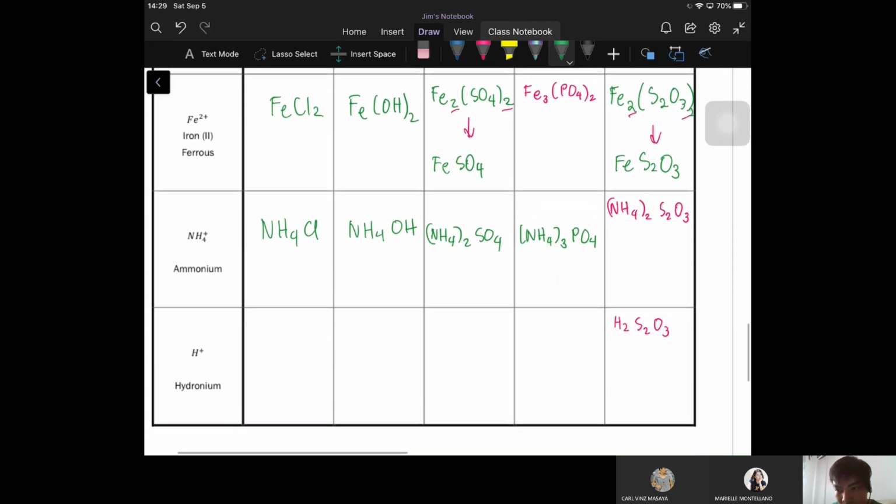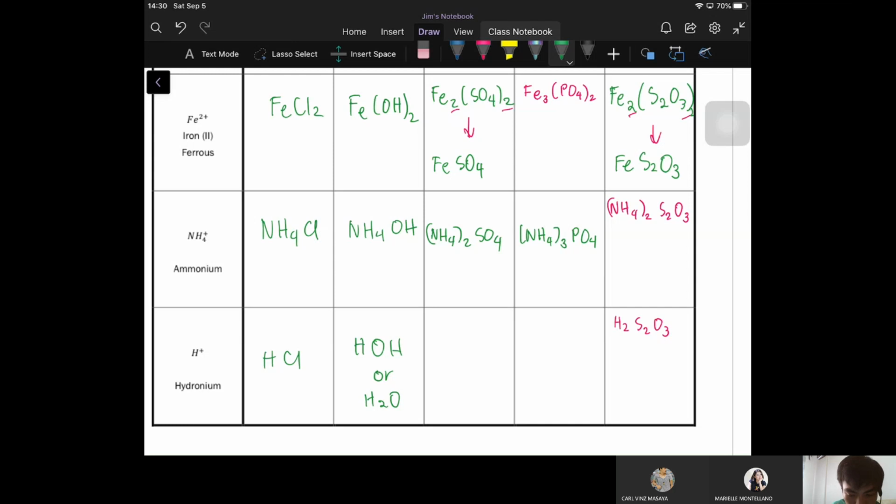And last one, hydronium or H plus with Cl. So that's HCl. Hydronium with hydroxide, H plus and OH minus. So that's HOH or H2O. Water lang yan.